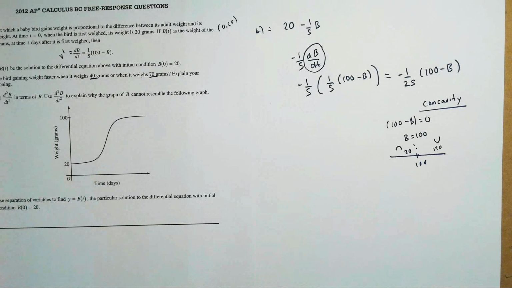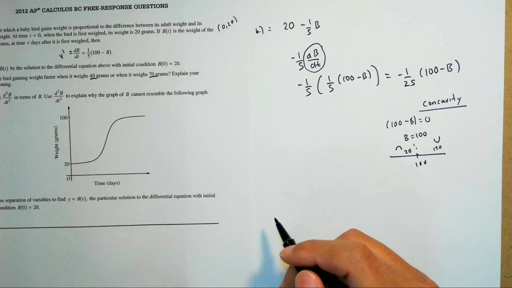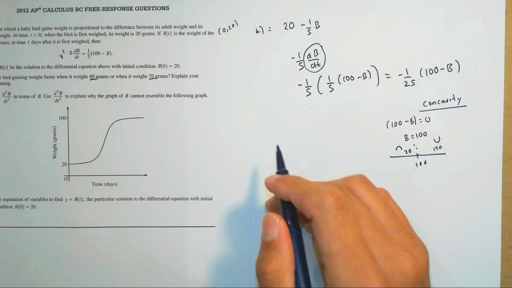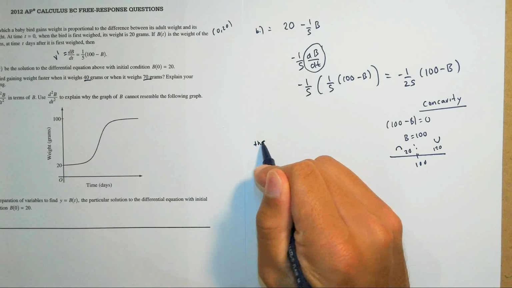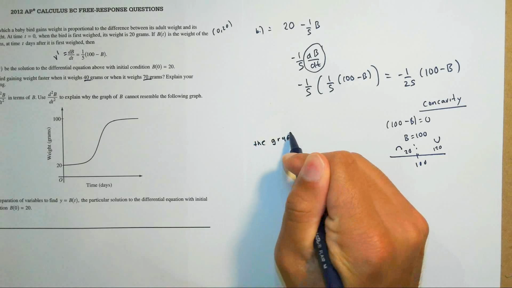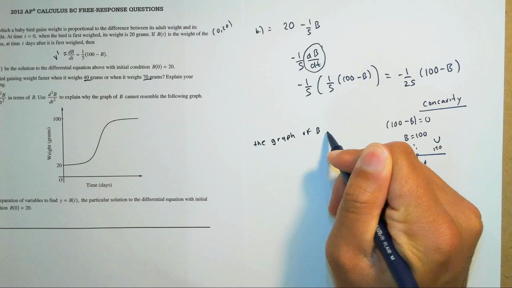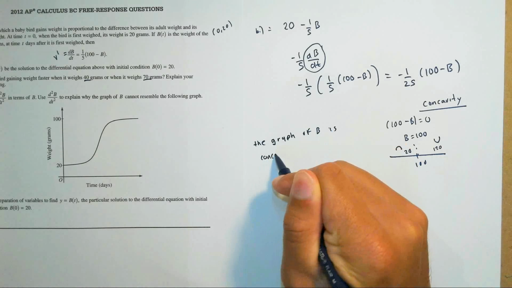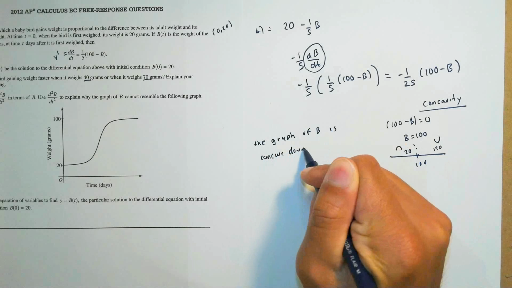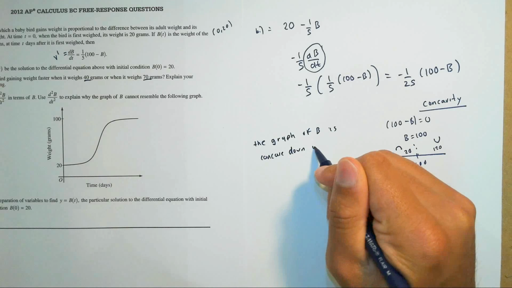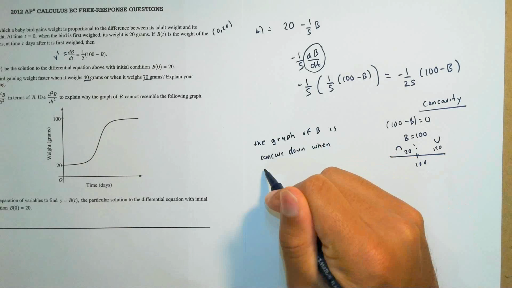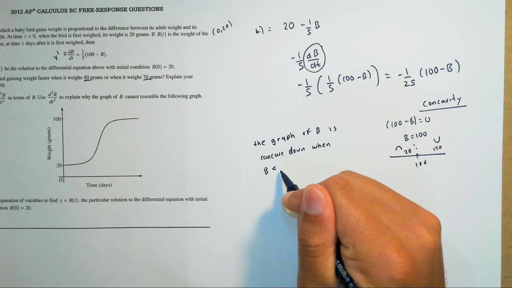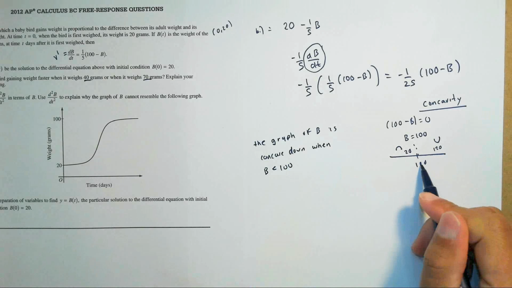So your reasoning would be: the graph of b is concave down when b is less than 100. And that's what we found right there, right? b is less than 100.